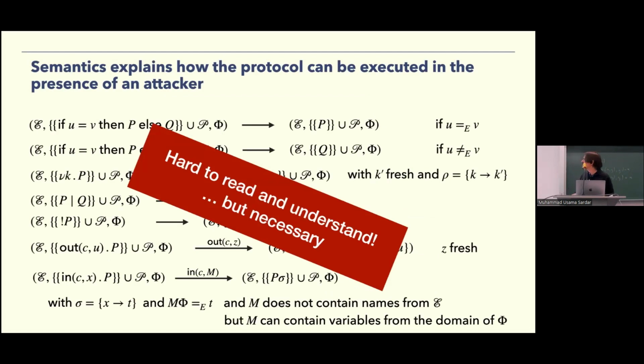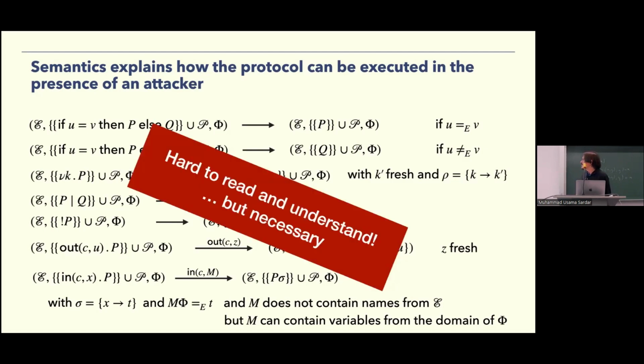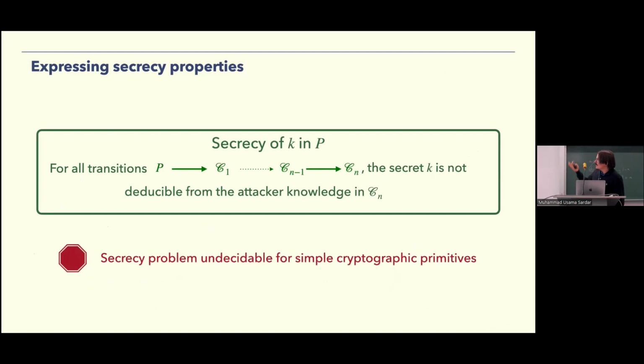Internally there is a semantics within the model, but most of it is fairly intuitive, though it's very hard in the academic papers. Unfortunately, sometimes it's a bit necessary, especially if you want to improve the tool, or if you want to be sure that what you're modeling is correct. But basically, for secrecy, we have a transition system that describes how the system could evolve, depending on the action of the attacker.